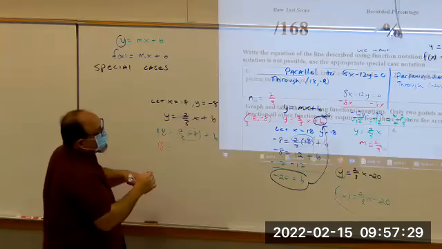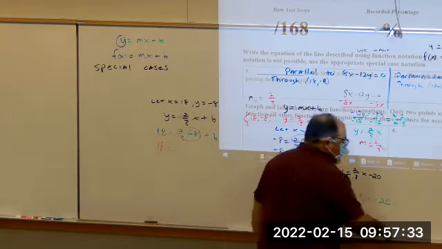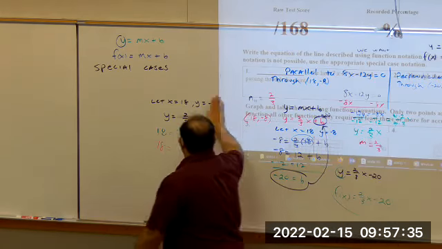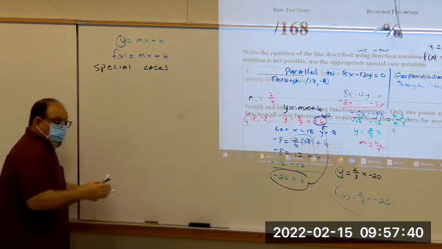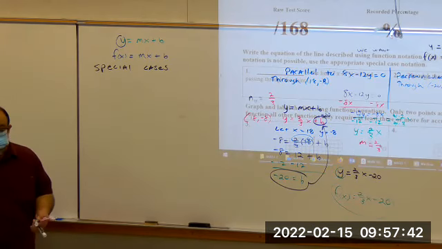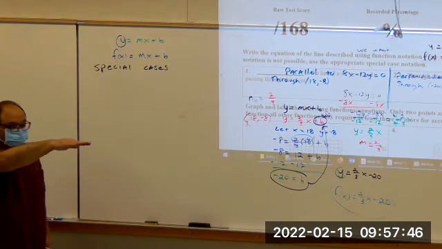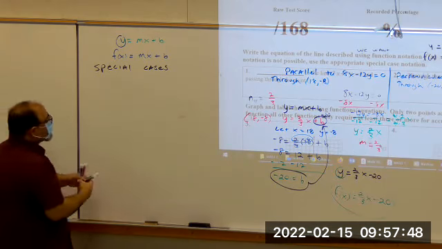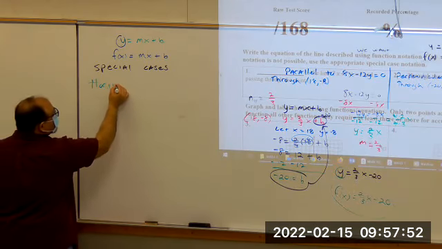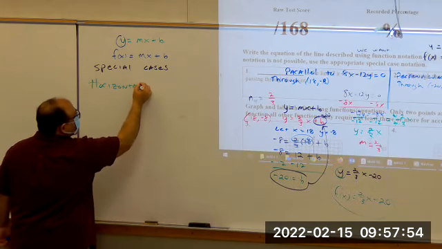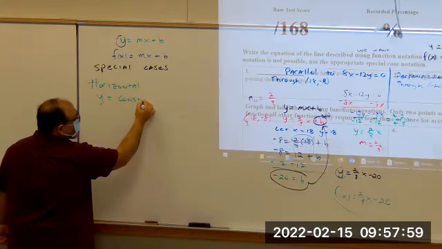And the directions: if function notation is not possible, use the appropriate special case notation. Well, the two special cases are horizontal lines and vertical lines. Horizontal, y is always the same number. Y is a constant. So if it's horizontal, y is equal to a constant.